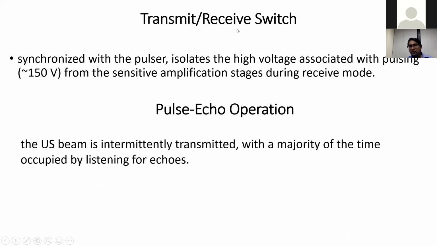The role of a transmit receive switch, as I mentioned earlier, is to switch the transducer from transmit mode to receive mode. So you initially transmit, and once you have transmitted, you switch to receive mode so that you can receive the echoes. And as I mentioned, we operate in pulse echo operation, with the majority of the time being spent listening for echoes.